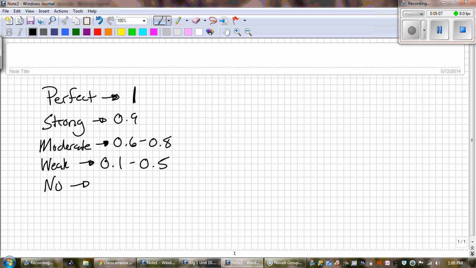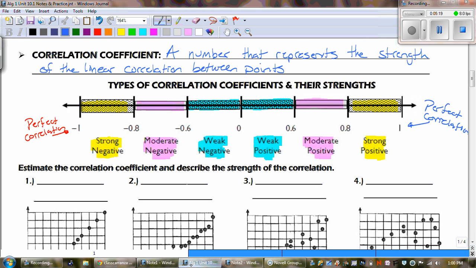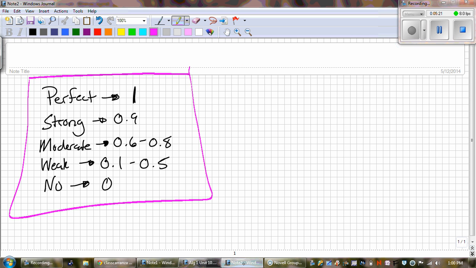And then no correlation is going to be 0. So this is just another way to look at this right here. If you want to write this down, pause the video so you can copy it down.